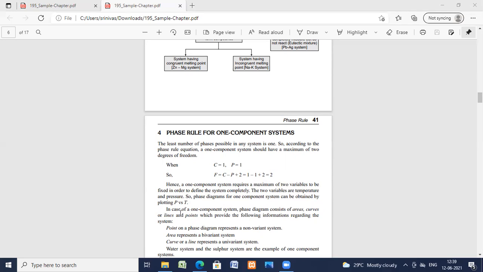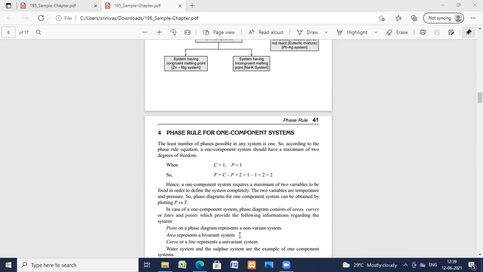In the case of a one component system, the phase diagram has areas, curves, lines, and points, which provide complete information regarding the system, whether it is a one component or two component system. It provides the following information.